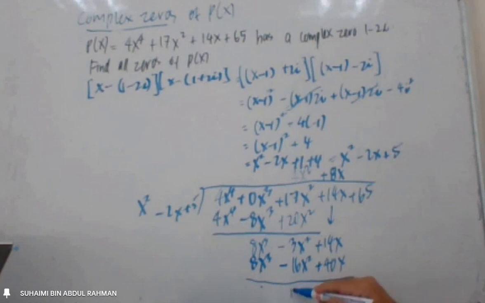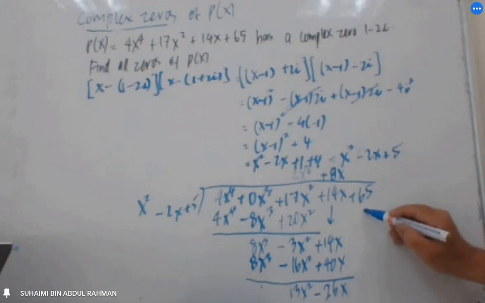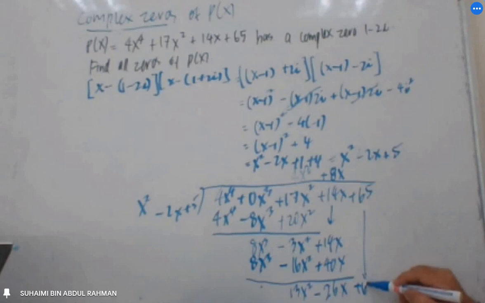13x square minus 36x, no wrong, 36. Negative 26x, bring down plus 65. So what do you get?